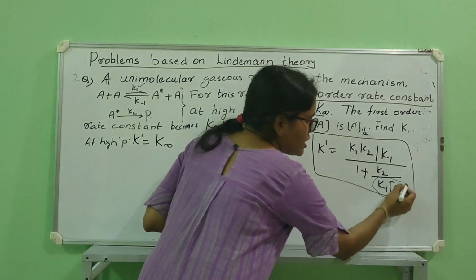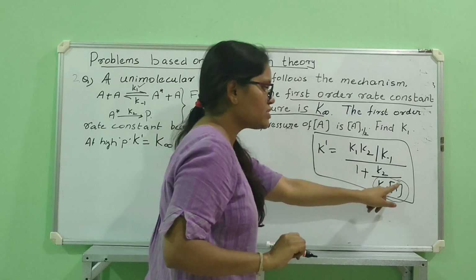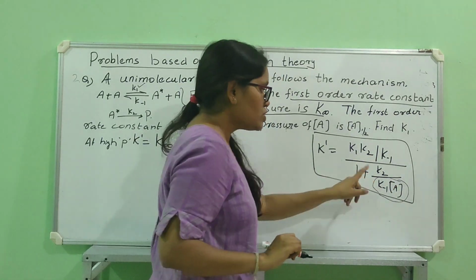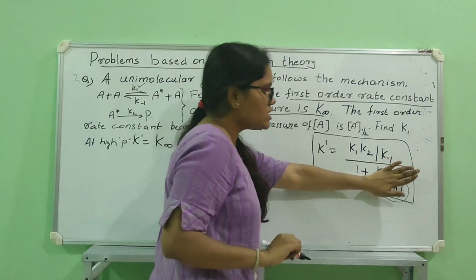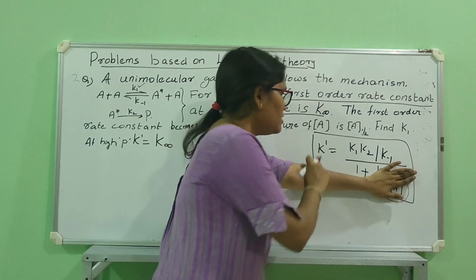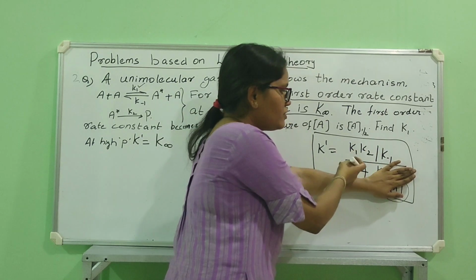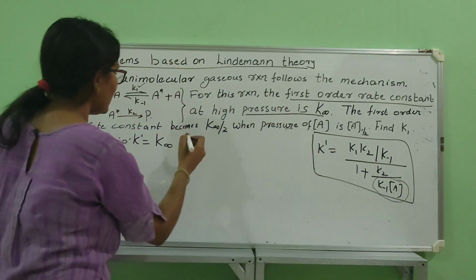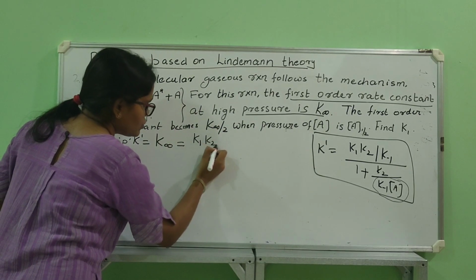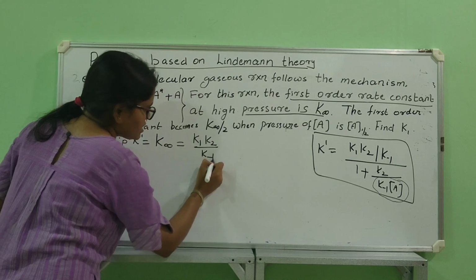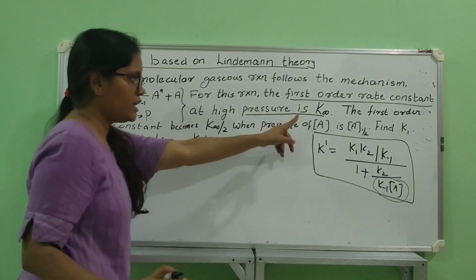This term becomes large, so this K2 by K minus 1 into A becomes very small. When this term becomes very small in comparison to 1, it can be neglected and the value of K dash will be K1 K2 by K minus 1 over 1. So K infinity is K1 K2 by K minus 1. Okay. So this is one expression that we got for K infinity.